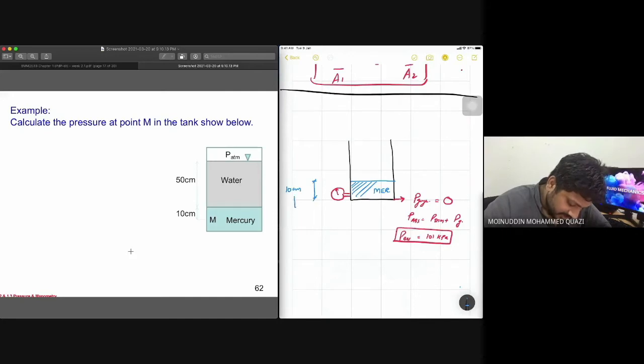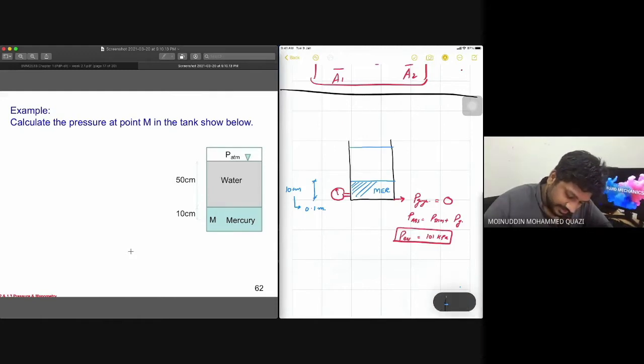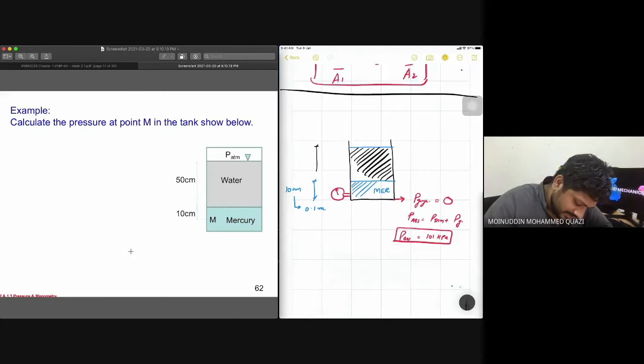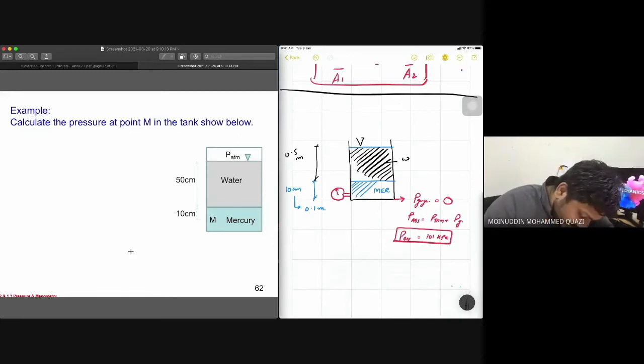This is equal to 0.1 meter. Okay. And now I put water inside also. Dirty water, black. So the height is 0.5 meter. This is water. Okay, and I show here this inverted triangle. You know, this means atmospheric pressure is acting also.